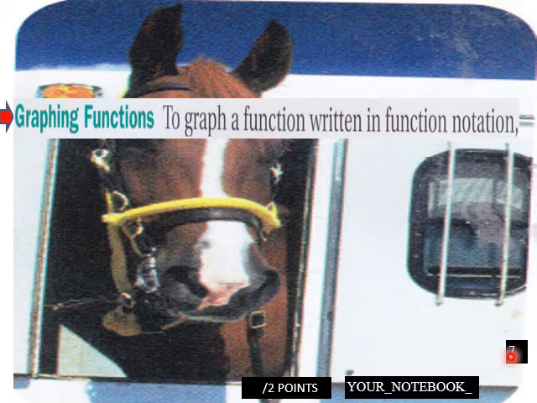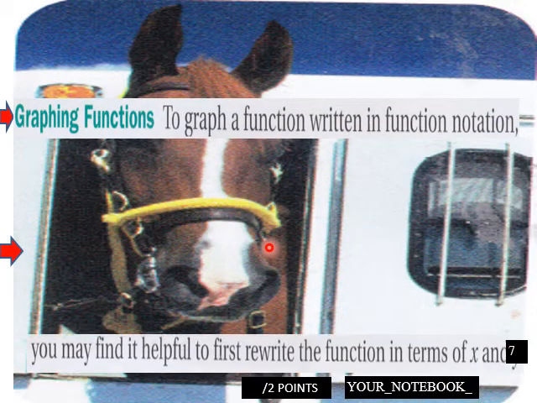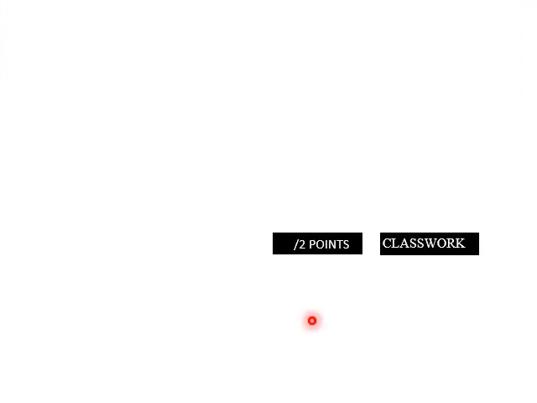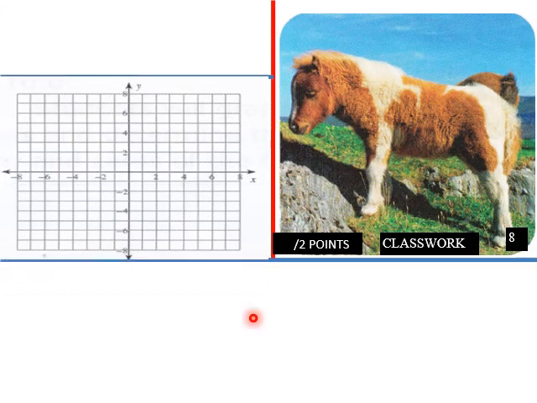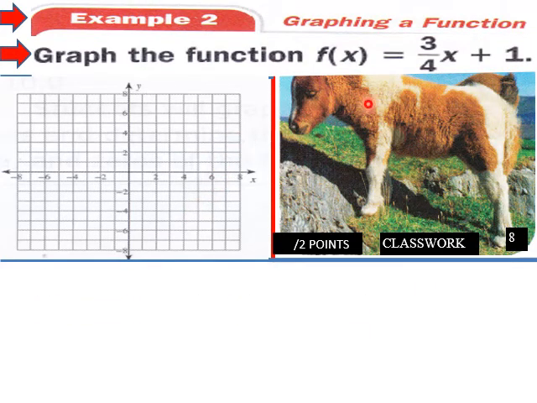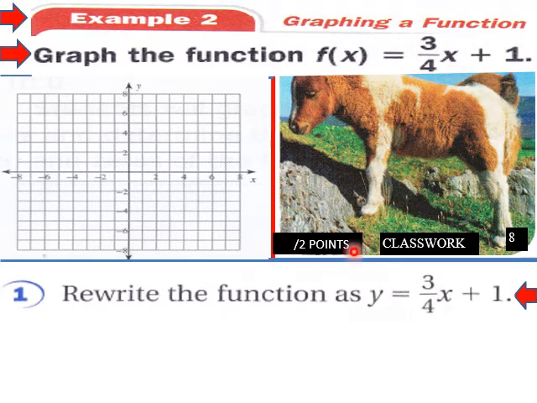Okay, in your notebook, page 7, students, for your notebook entry, graphing functions. To graph a function written in function notation, you may find it helpful to first rewrite the function in x and y. Graph the function f of x equals 3/4 x plus 1.